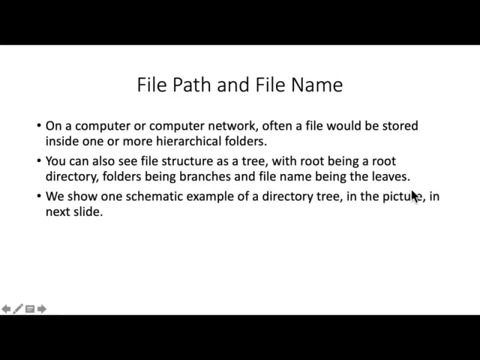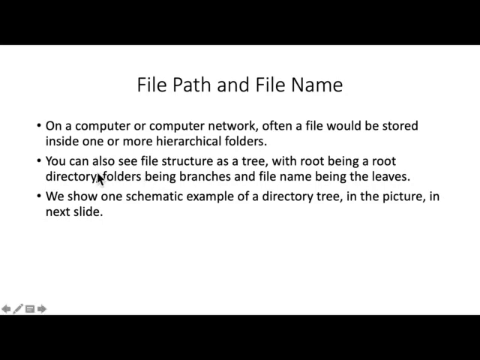Okay, now we need to talk about file path and file name. You could have a computer or a computer network, and often a file would be stored inside one or more hierarchical folders. Hierarchical folders means that you have one folder, inside that you have another one, and inside that you can have another one.